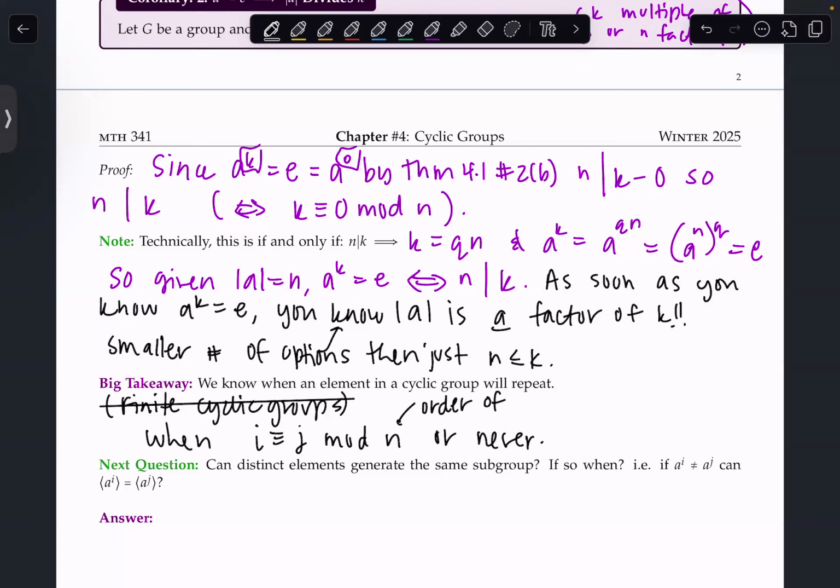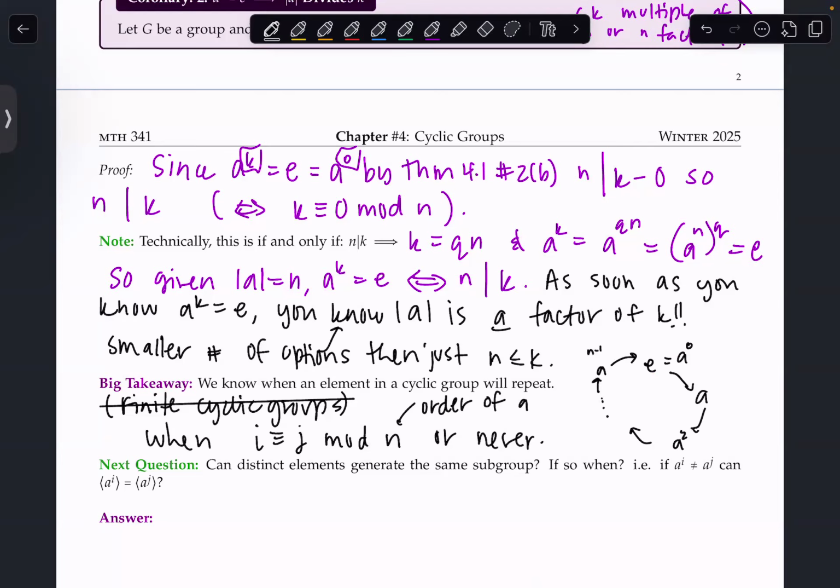Okay, so if I start with a to the 0, that's really my identity element. If I multiply by a, I get a to the first power, then a to the second. I can go all the way around until I get a to the n minus 1.